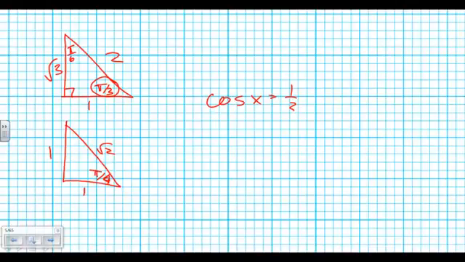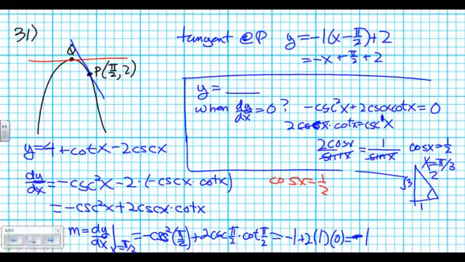All right. Back to this problem. If x is pi over 3, what's my final answer? I'm going to need to find out what is the value of y when x is pi over 3.